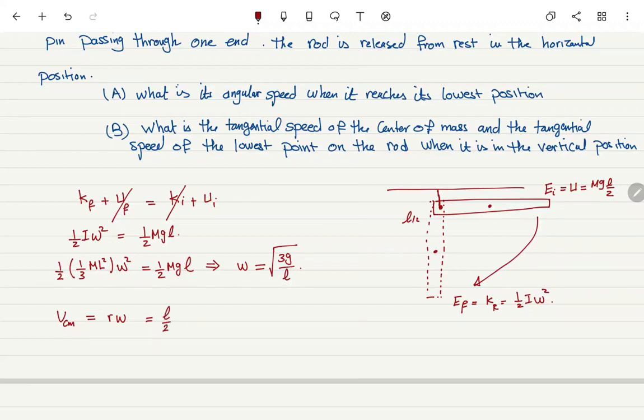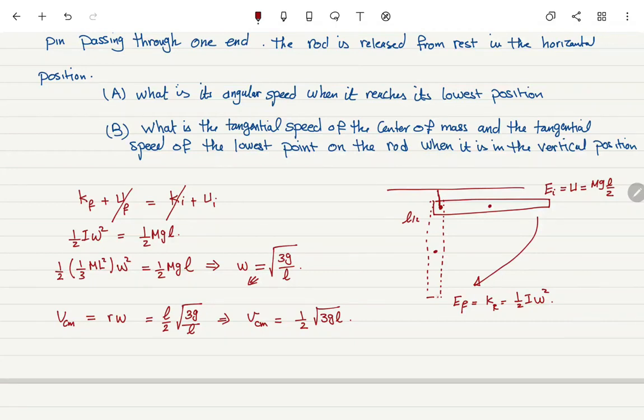And omega, we just calculated here, equal to the square root of 3g over L. By simplifying this equation, V center of mass equals half the square root of 3gL.